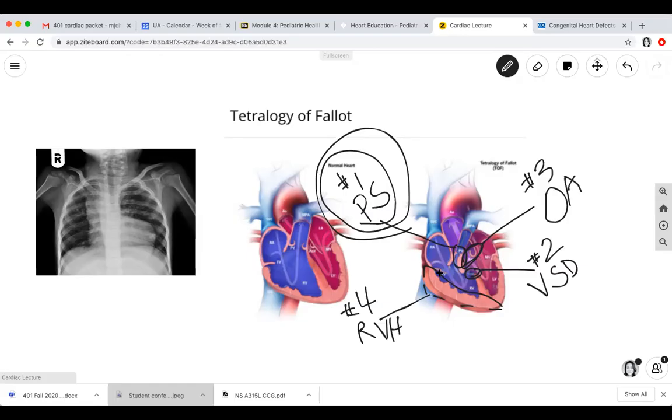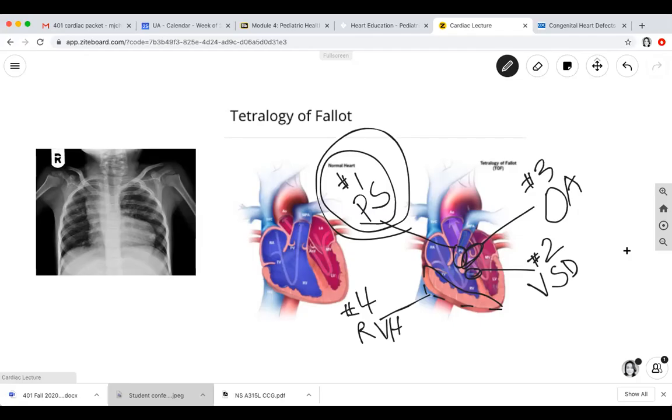And then, of course, you have this overworked heart, so you're going to have an element of heart failure there, depending on how sick this baby is. Again, some babies have very, very mild forms and they can go home with this disease, and you just have to teach the parents how to manage it.